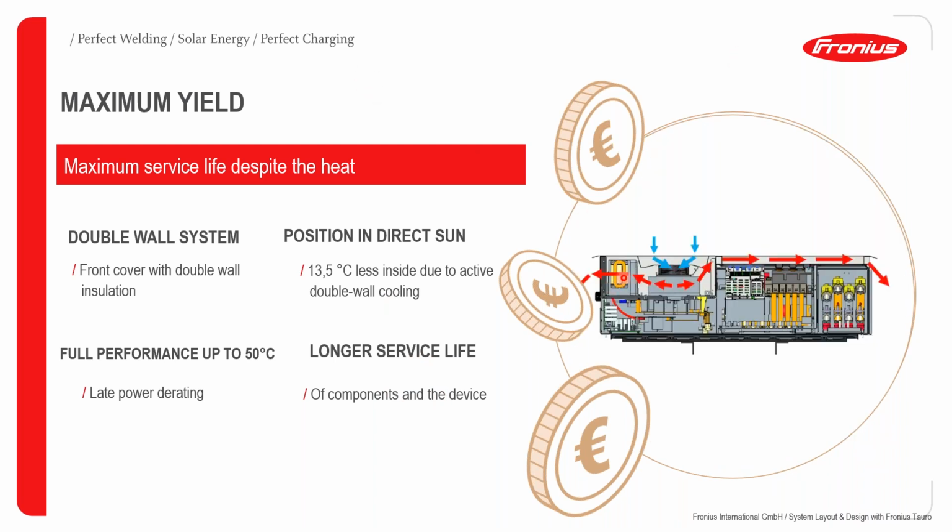So here we can see the circulation when air is sucked in by the circulation fan or the active cooling fan, and how this heat is then dissipated just behind the front cover. And this ensures that the inverter is sufficiently cooled from all corners.